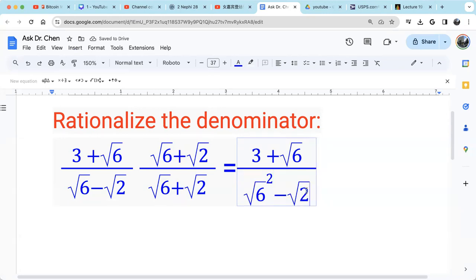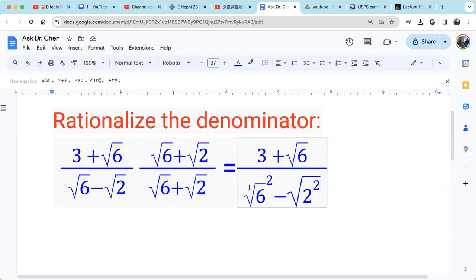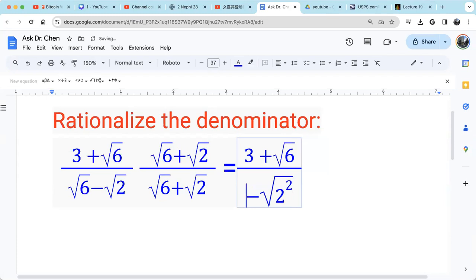Minus square root of 2 squared. This square can be inside, can be outside. So square cancels the square root. So square root of 6 squared becomes 6. Rationalized. And square root of 2 squared becomes 2. Rationalized. Right now, 6 minus 2 is just 4. It's a rational number.